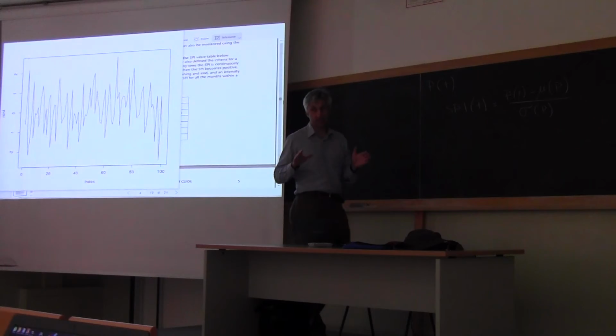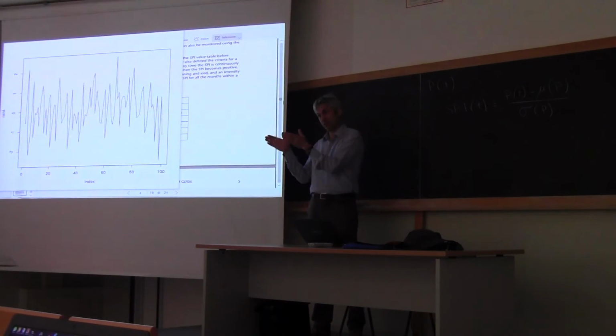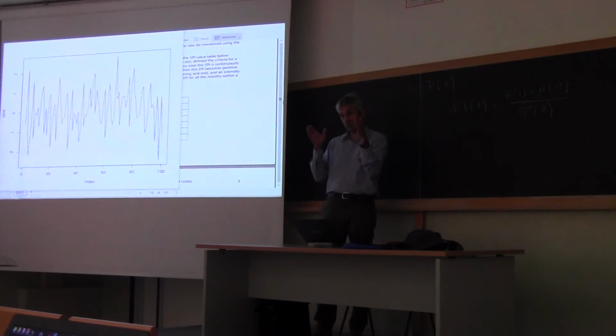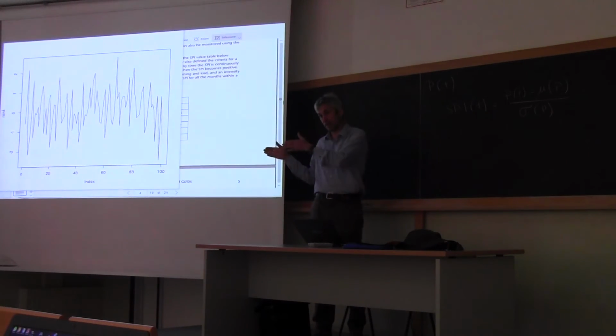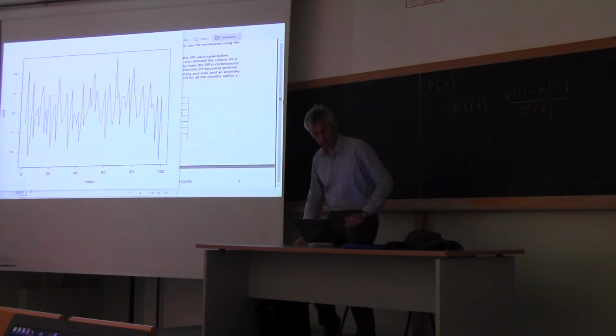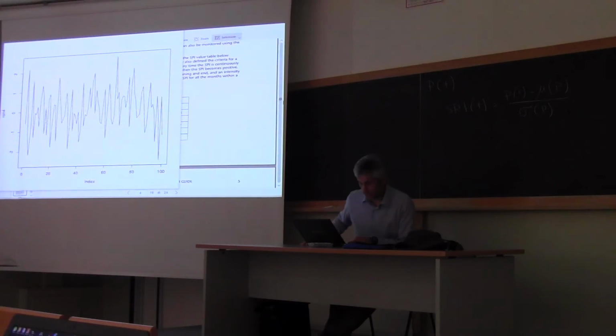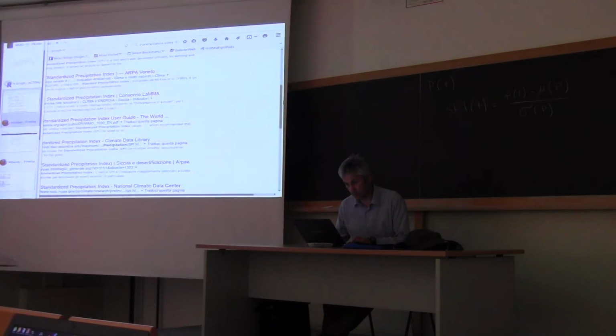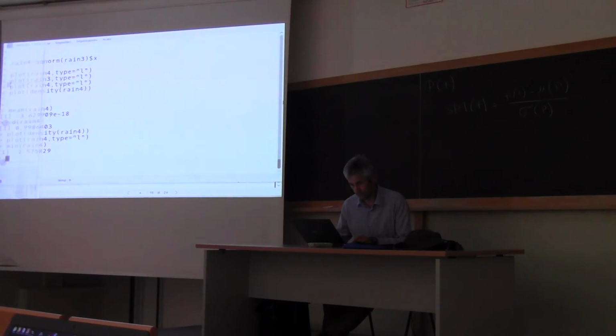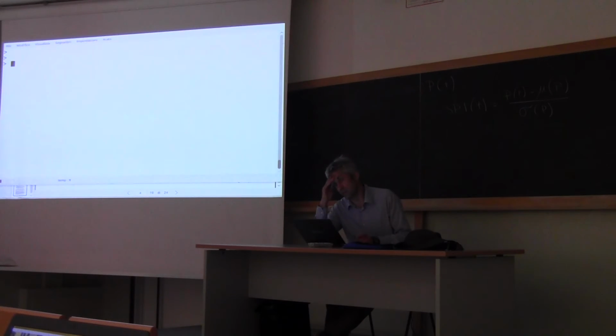But first, let's compute the monthly rainfall. This is our starting point. We need the series of the monthly rainfall. Okay, so let's go back to the R window, and we have to remember the names of our variables.